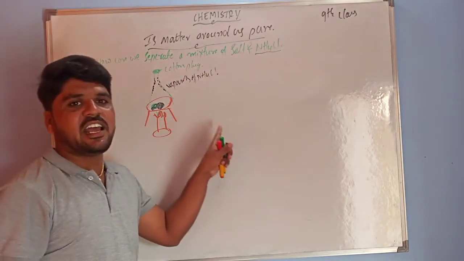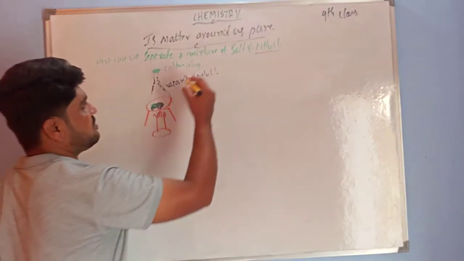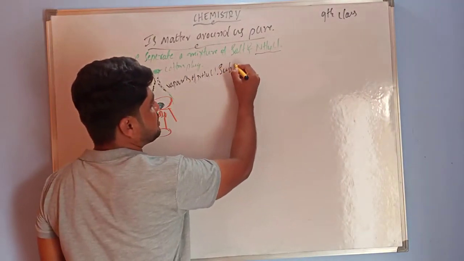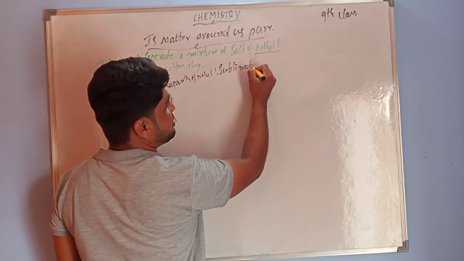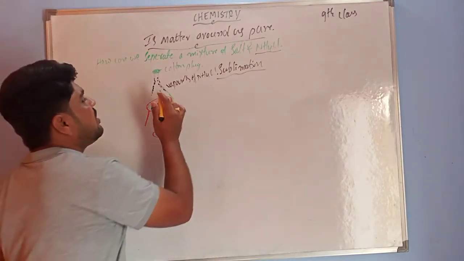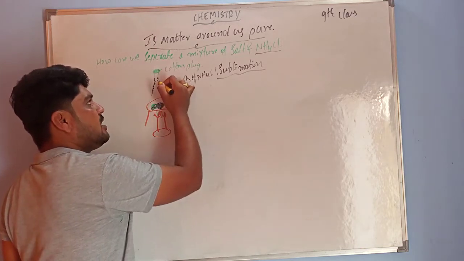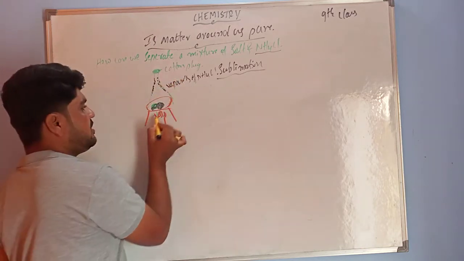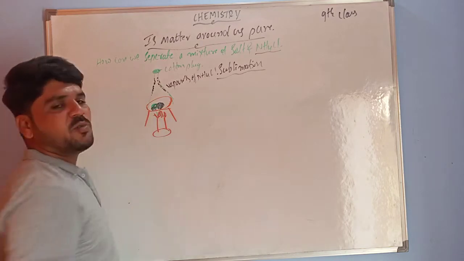This process we call the sublimation process. When the ammonium chloride particles evaporate out, we get only salt on the watch glass.